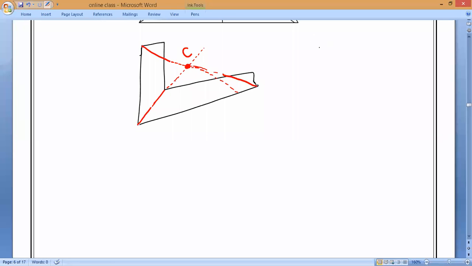CG is the center of gravity. Simply, if I want to balance the object, then from which point, what is a suitable point to hold the entire body? That is what we can say is the center of gravity.